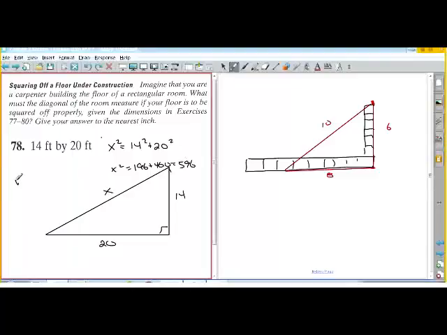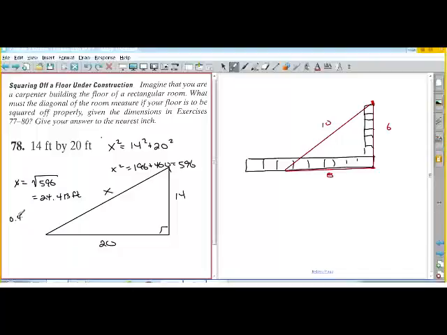So you'll get 596. And then you take the square root, so x is equal to the square root of 596, which is 24.413 feet. And it says here round to the nearest inch. So you have to convert this decimal into inches.